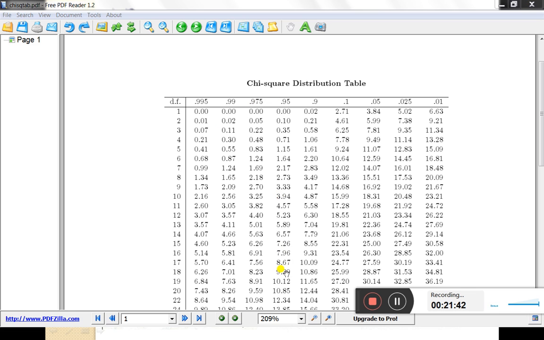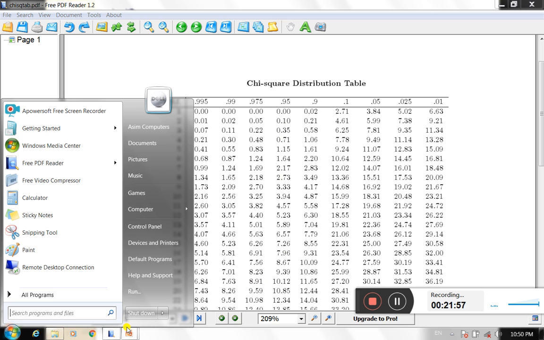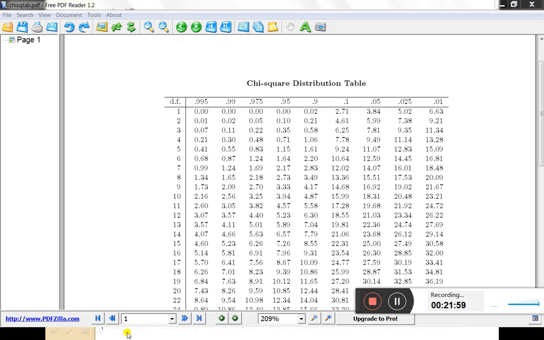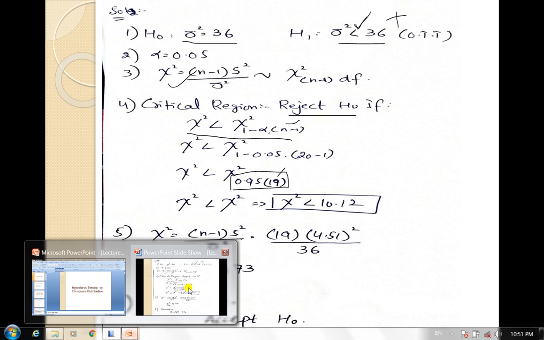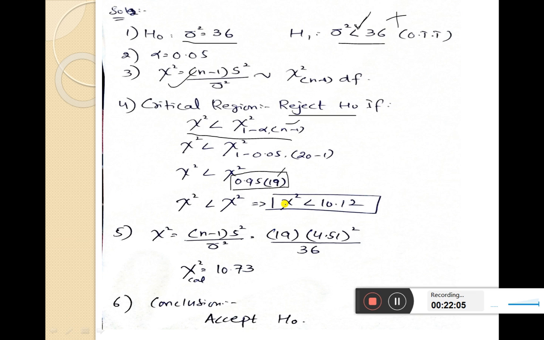In front of 19, beneath your 0.95, you will get this value, that is 10.12. Now look at here, the value is 10.12.